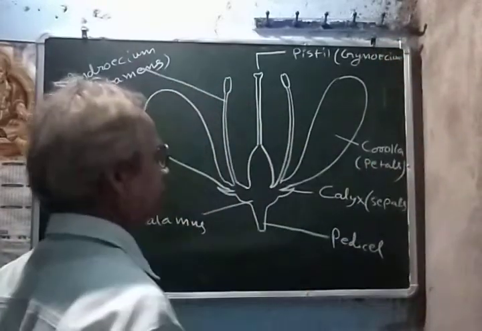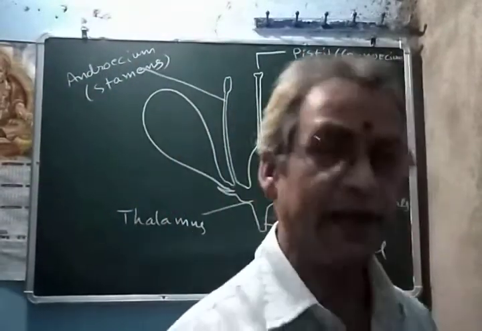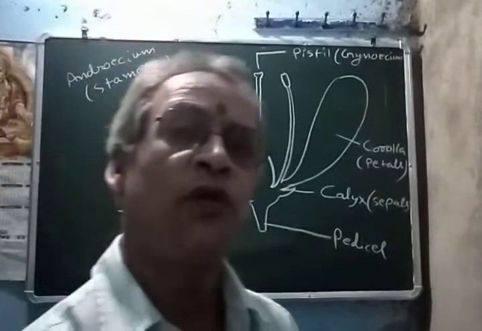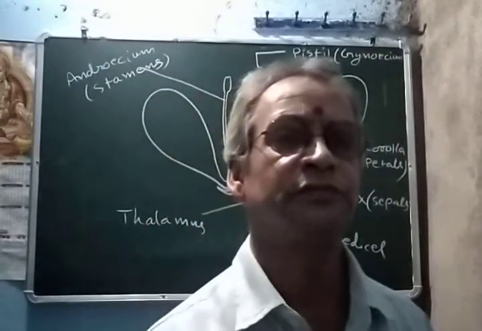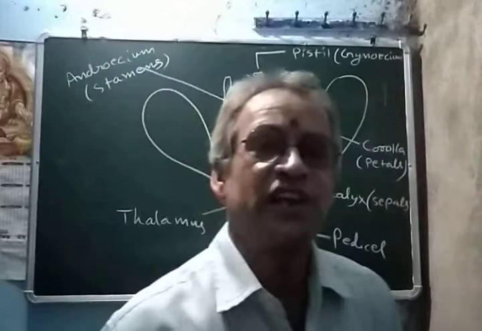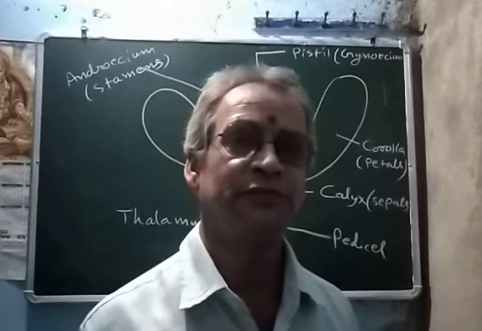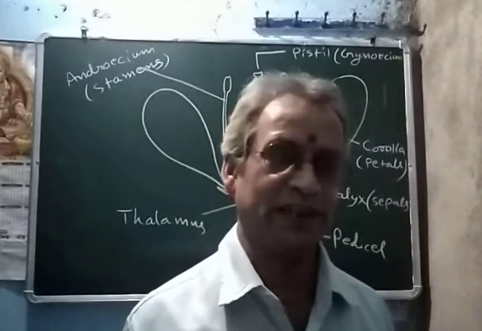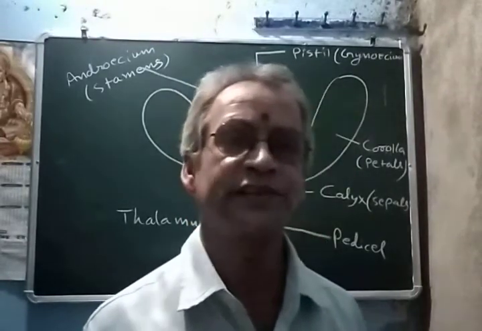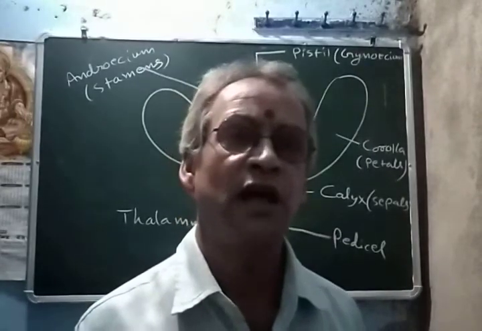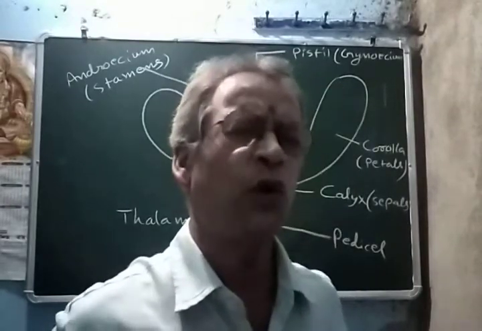Or we can say in an angiospermic plant, 4 types of parts, floral parts or flowering parts, are found, which are arranged in a whorl.